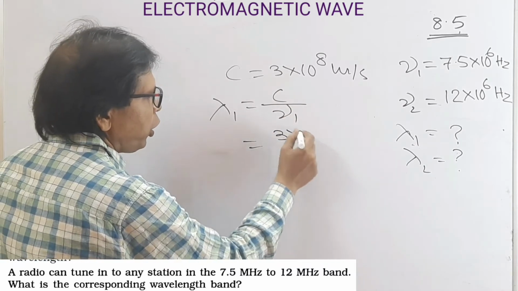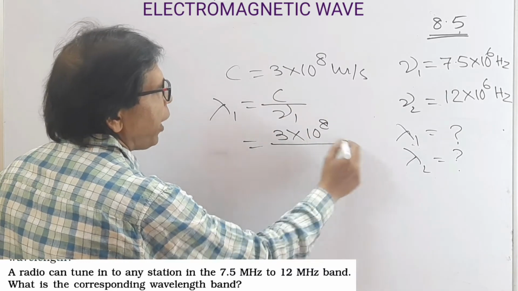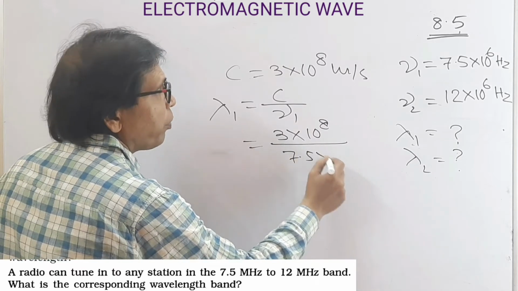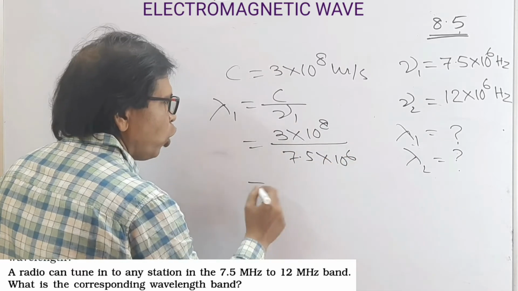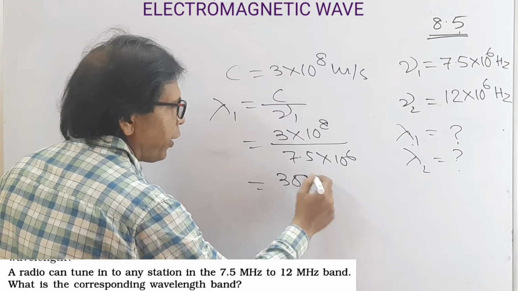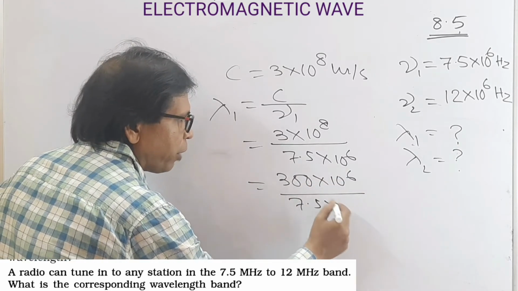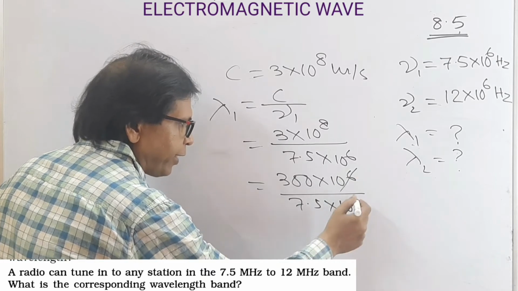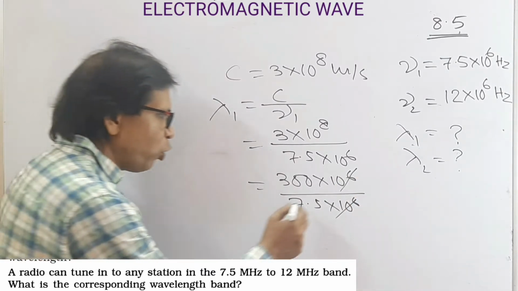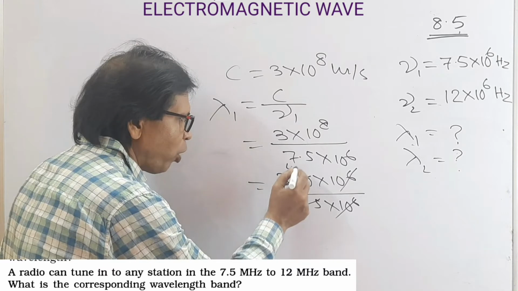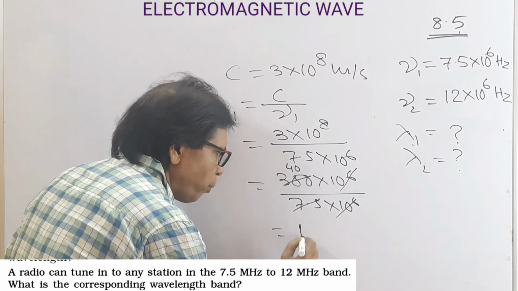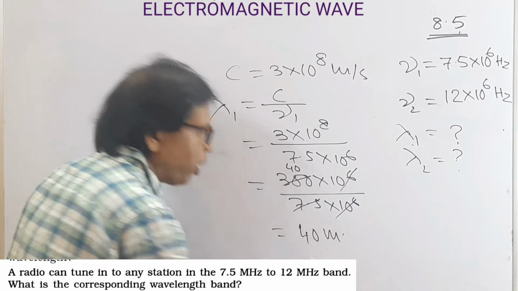So c is 3 into 10 to the power 8 divided by 7.5 into 10 to the power 6. So this is 300 into 10 to the power 6 divided by 7.5 into 10 to the power 6. This and this cancel out. And now this is 40, so 40 meter is lambda 1.